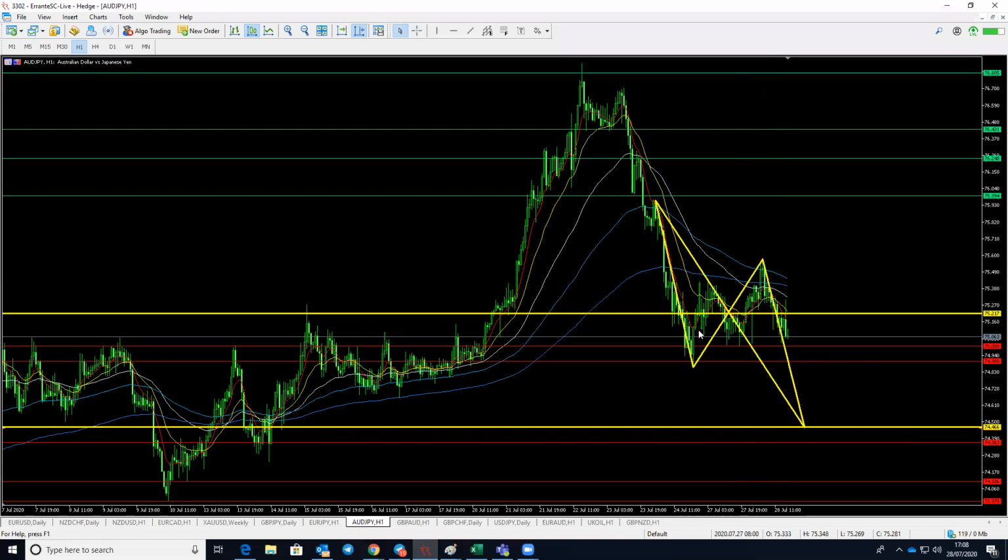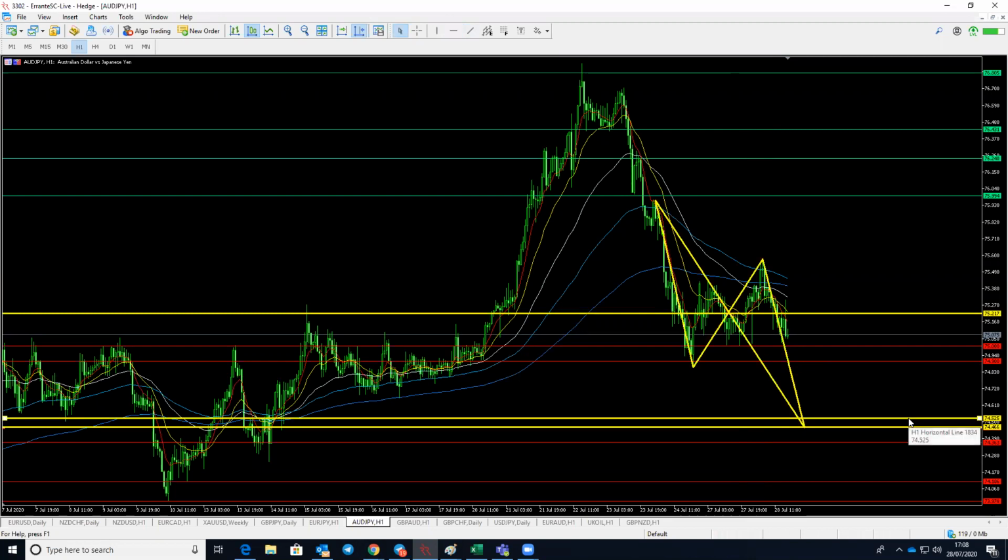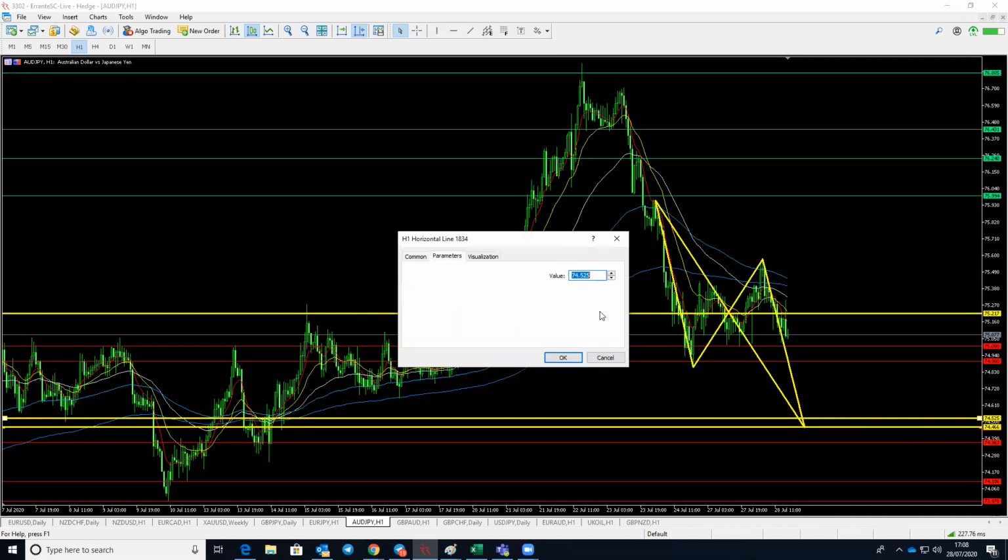So your sell is under the B point. Your sell is 74.90, and then 74.60 would be ideal for exit, because the given D point is 74.47, which is very close to the 74.50 psychological level. So it's probably best for us to exit at 74.60.